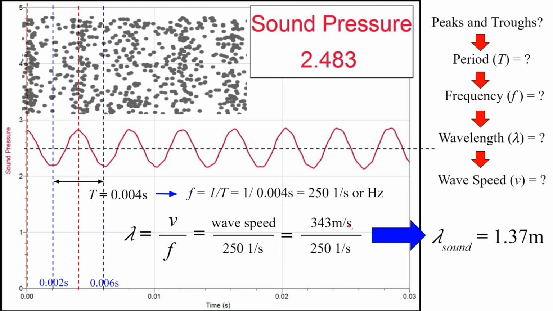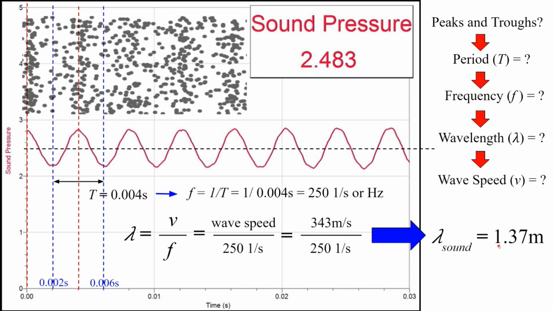So we take 343 meters per second divided by 250 hertz, or inverse seconds, and you can see that the inverse seconds cancel and we're left with just units of meters, which we should be since we're solving for a wavelength. Turns out that the wavelength of the sound wave created by our tuning fork was about 1.37 meters.